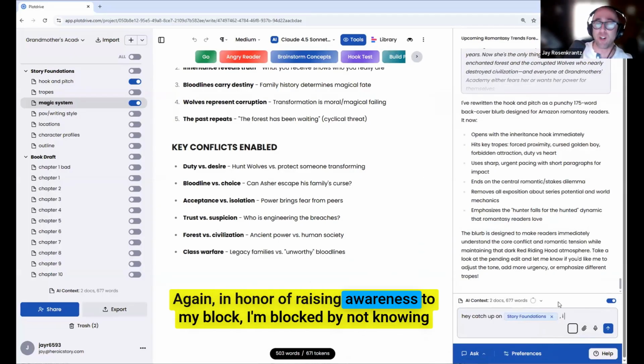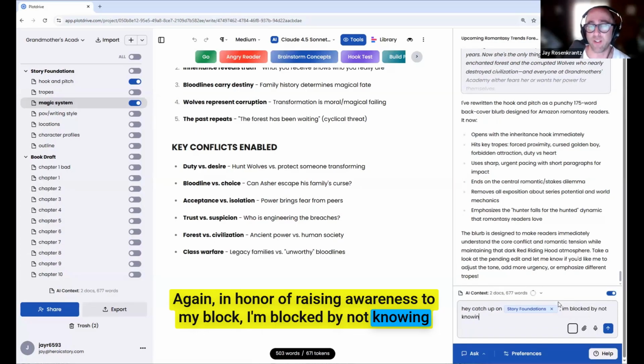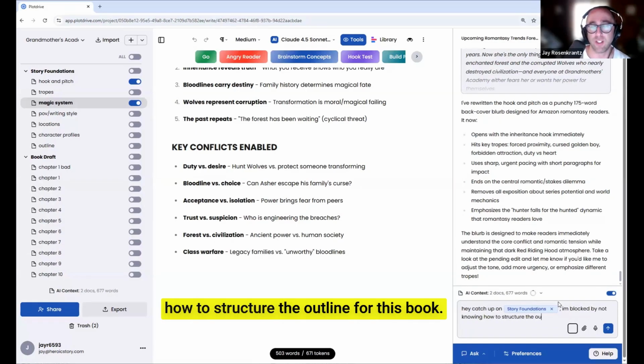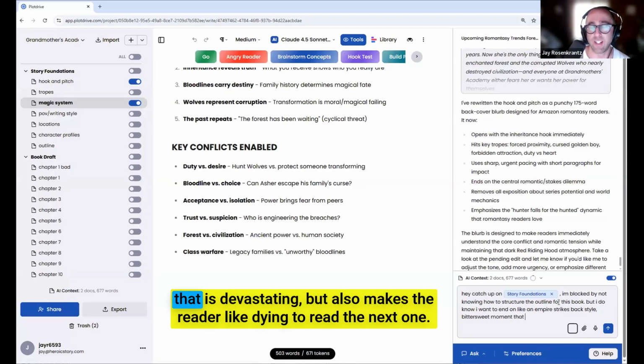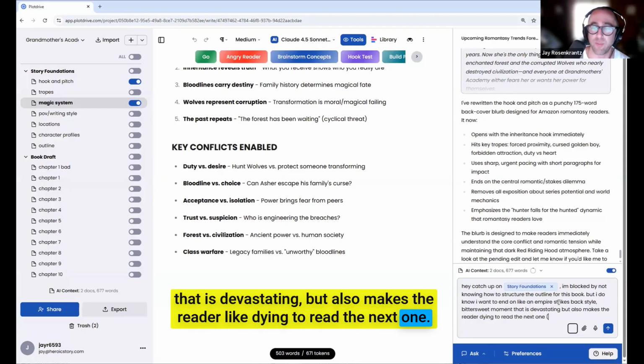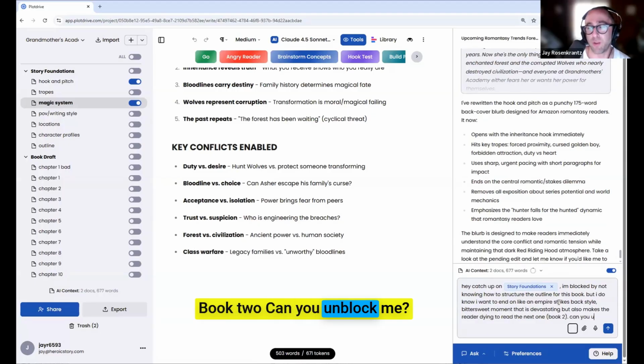Again, in honor of raising awareness to my block, I'm blocked by not knowing how to structure the outline for this book, but I do know I want to end on an Empire Strikes Back style, bittersweet moment that is devastating, but also makes the reader dying to read the next one, book two, and you unblock me.